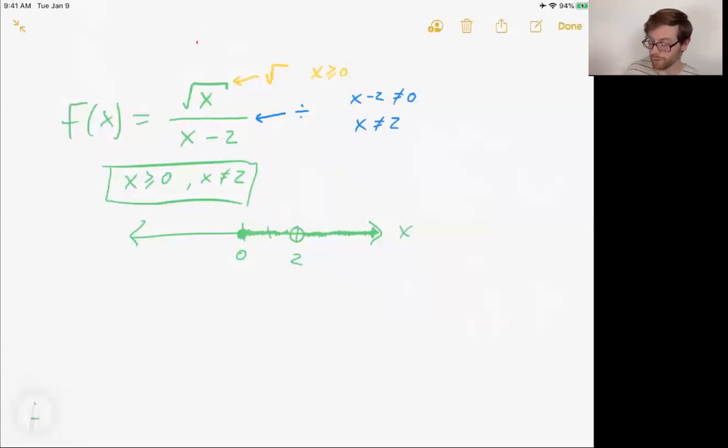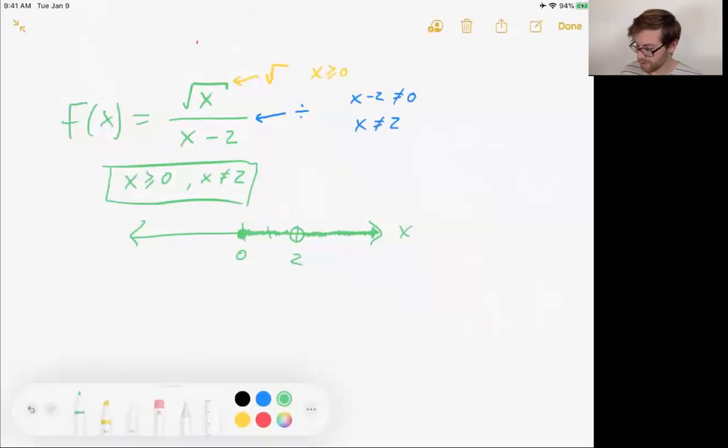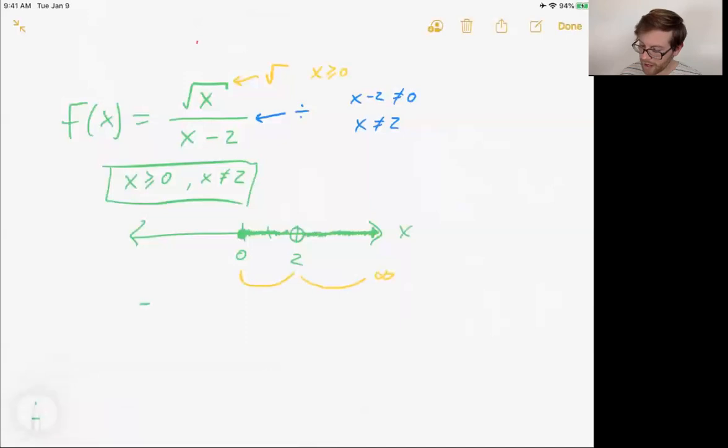Now, here's the interval notation. We basically have these two intervals: the interval from 0 to 2, and the interval from 2 to infinity, okay? And we can indicate those intervals pretty easily. Here's how it works. I'm going to put a bracket before my 0. The bracket means that we're including that number.